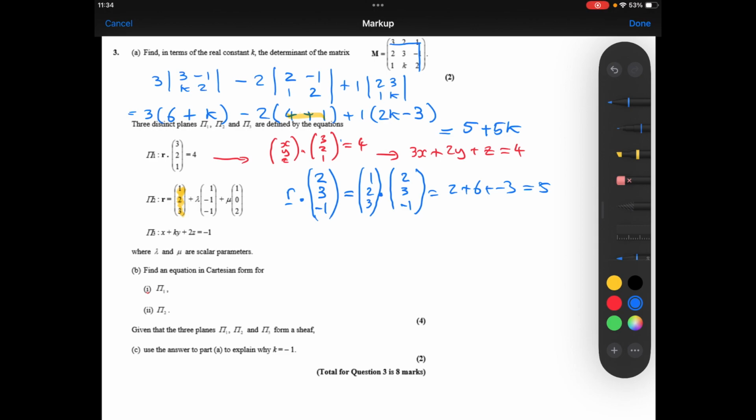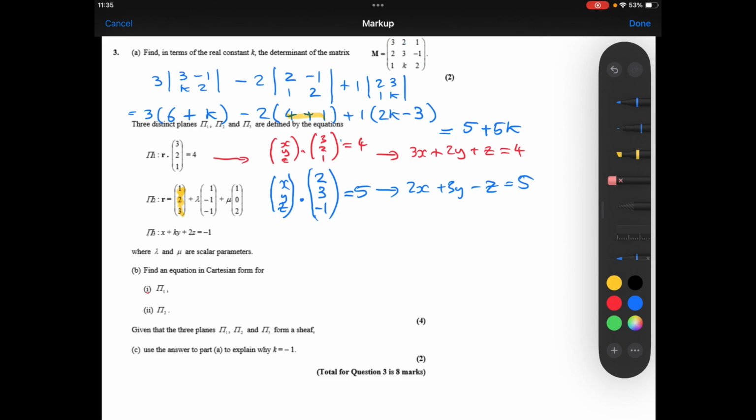So therefore, the vector equation of this plane is that. Which means I can get the Cartesian equation of the plane if I do the same thing I did for the first plane and say that it's x, y, z, the general point on the plane, dotted with the normal vector, gives 2x plus 3y minus z equals 5. And that's my Cartesian equation for the second plane.